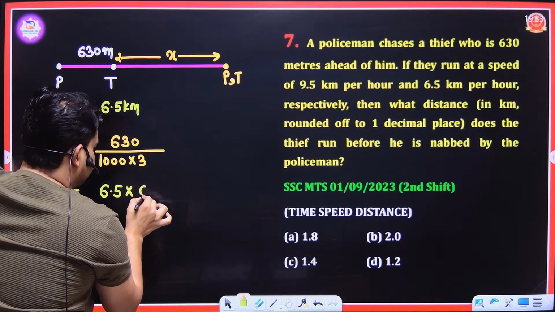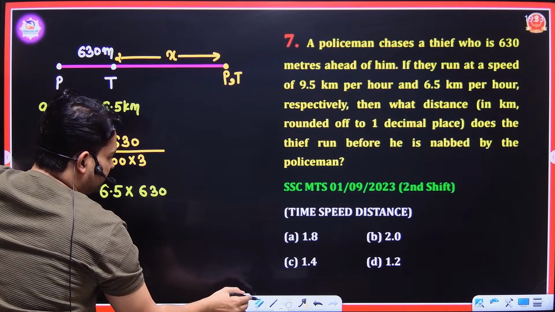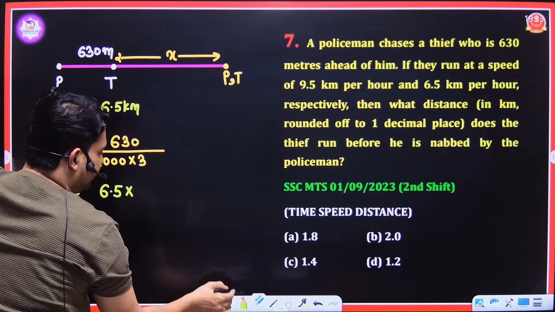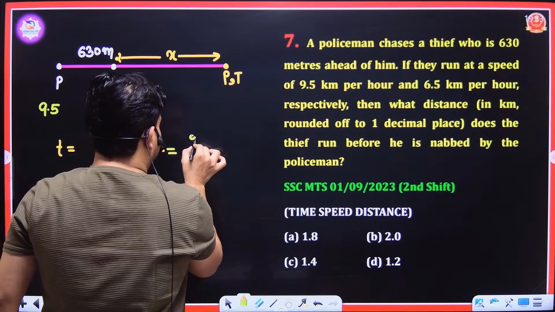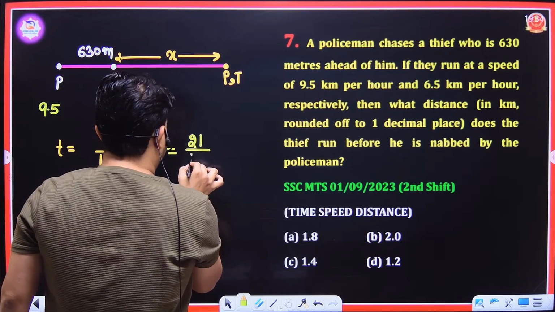See, 630. You can simplify it. 0 and 0 will be cancelled out. Then we have 21 upon 100.